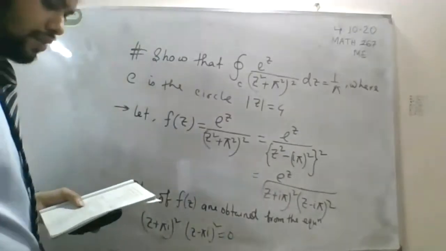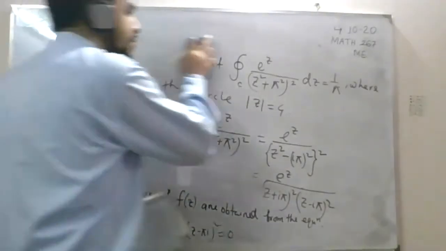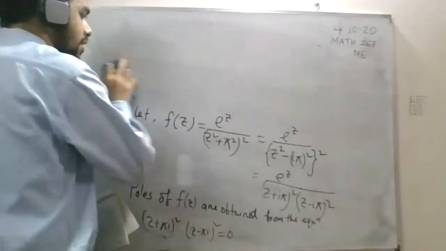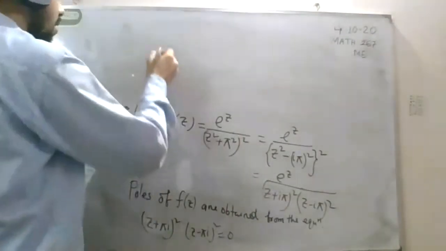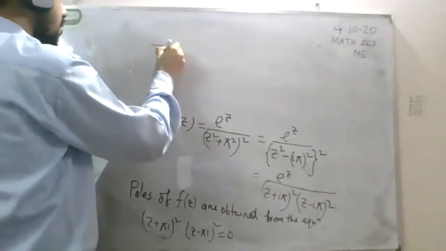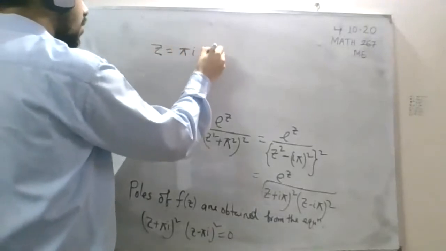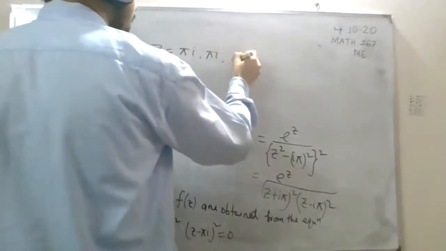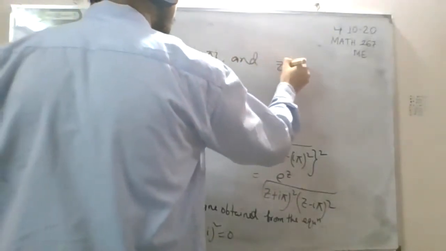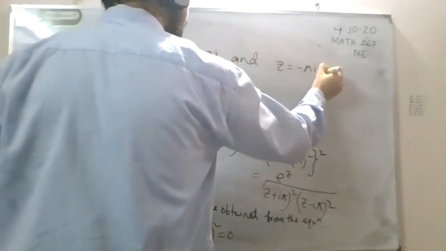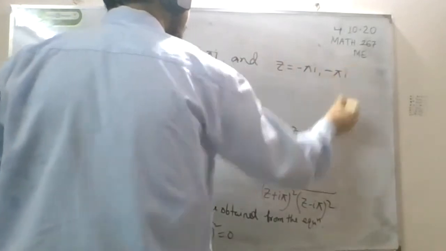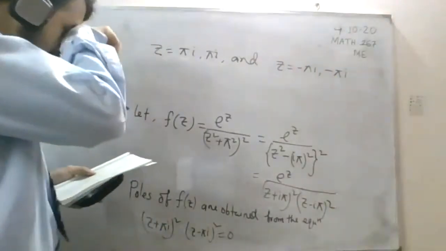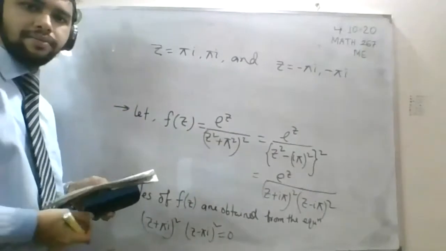So from here we can say that z is i pi and also minus i pi. So that means how many poles are here?